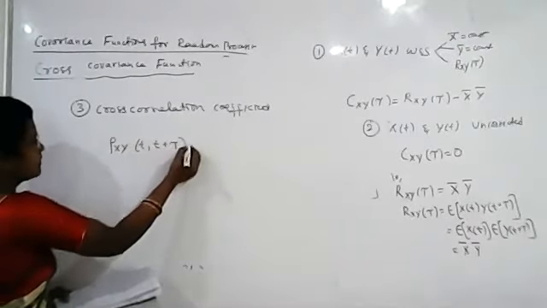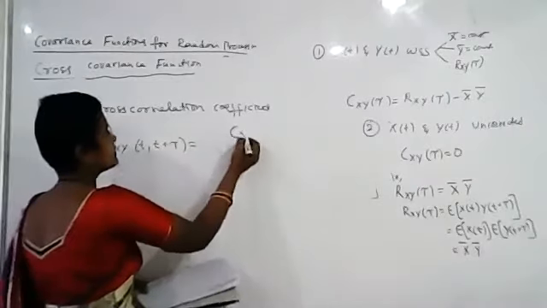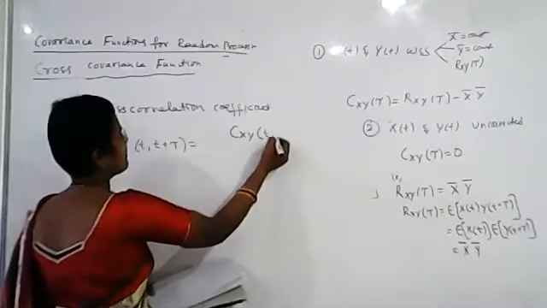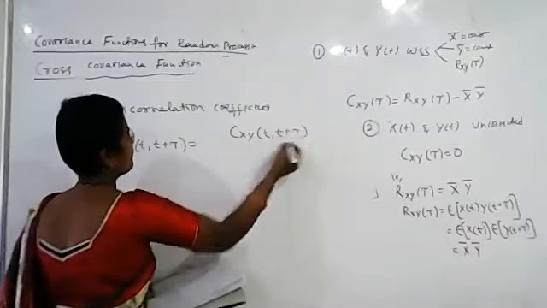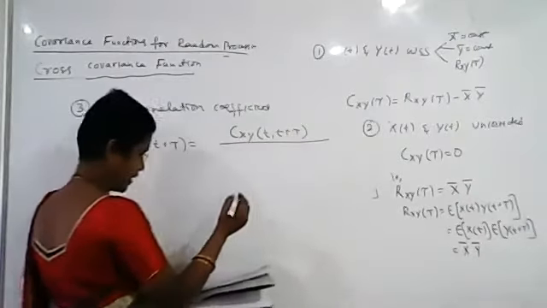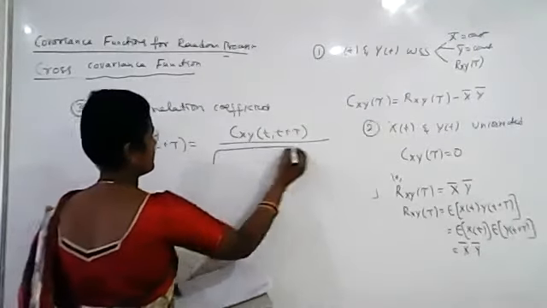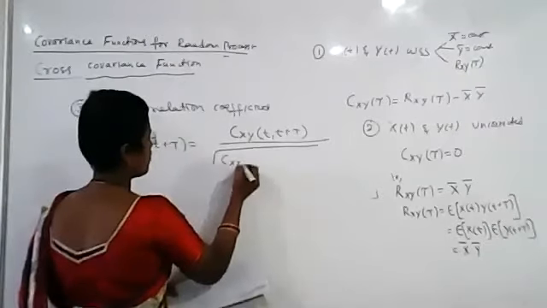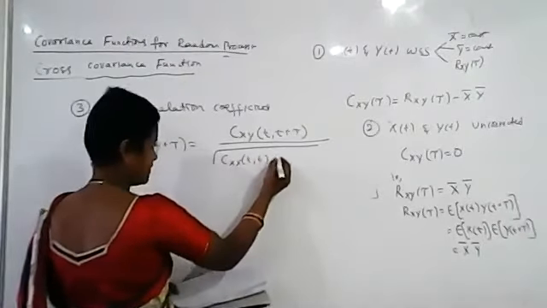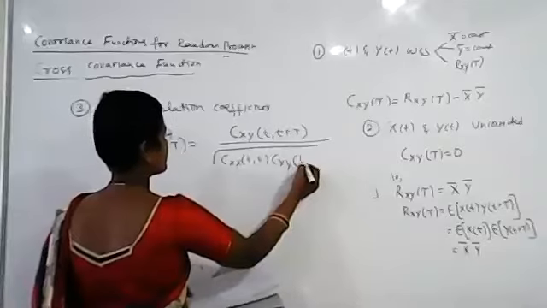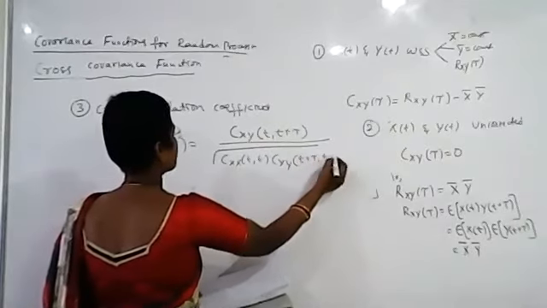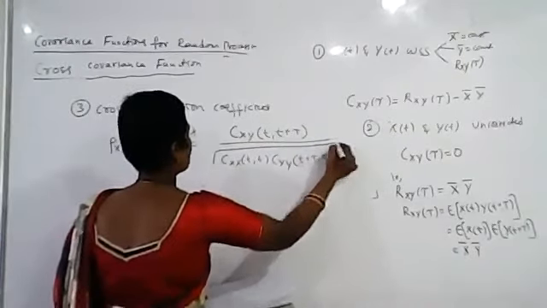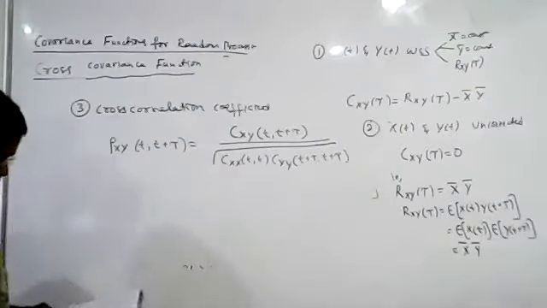The formula is Cxy of t comma t plus tau divided by the square root of Cxx of t comma t times Cyy of t plus tau comma t plus tau. This is the formula for the cross correlation coefficient.